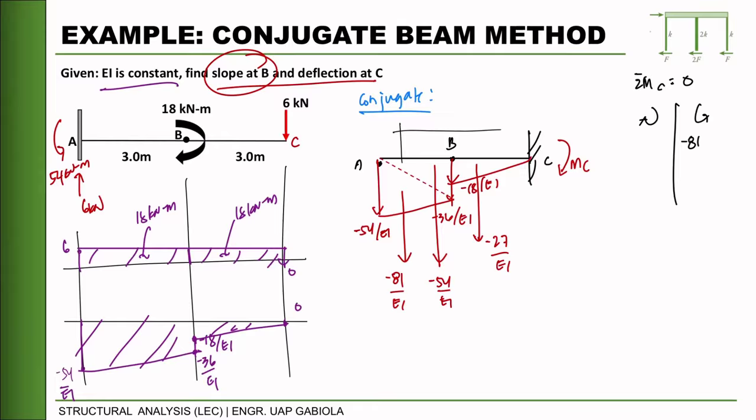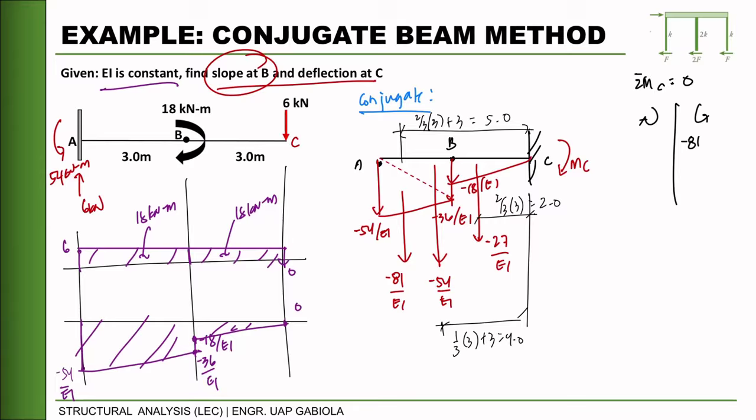This distance will be how much? So this is 2/3 of 3 plus 3 is equal to 5.0. This one would be 1/3 of 3 plus 3, this is 4.0. And this will be 2/3 of 3, which is 2.0.